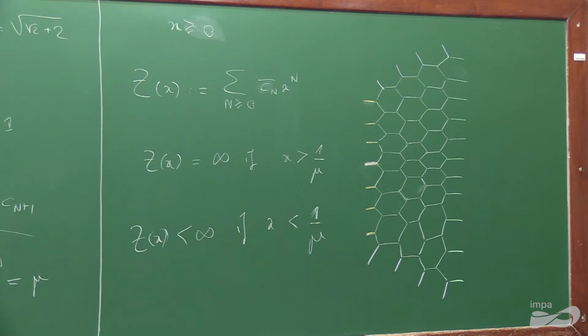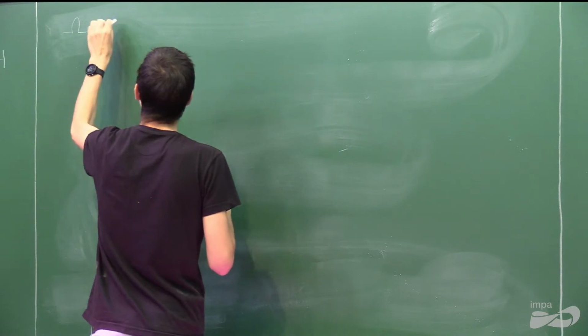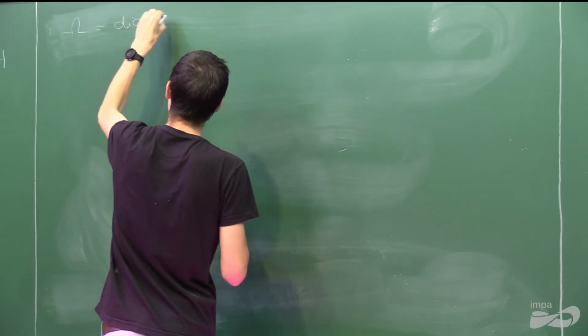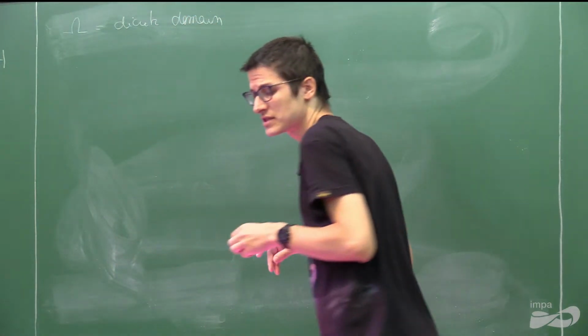So, okay, for this I'm going to use this notion. So I will consider omega, which is a domain, so a discrete domain. Okay, so what's a discrete domain?